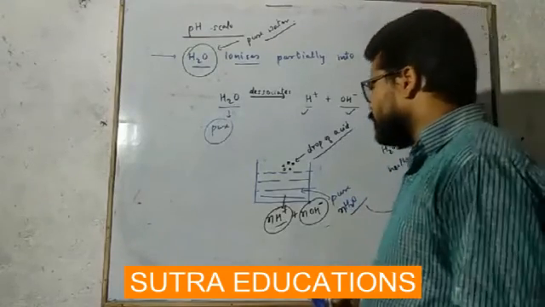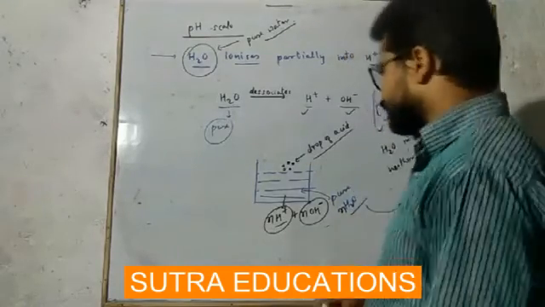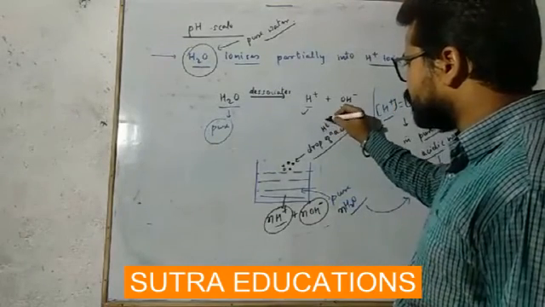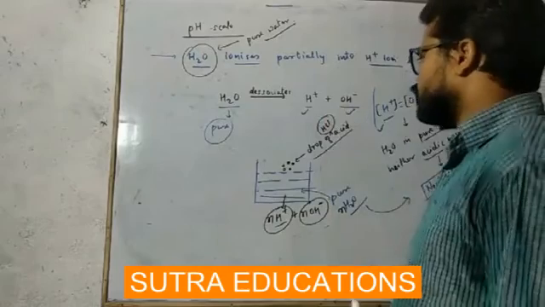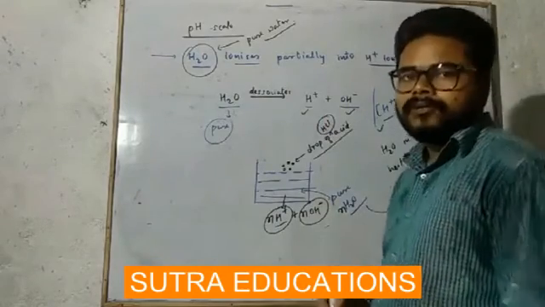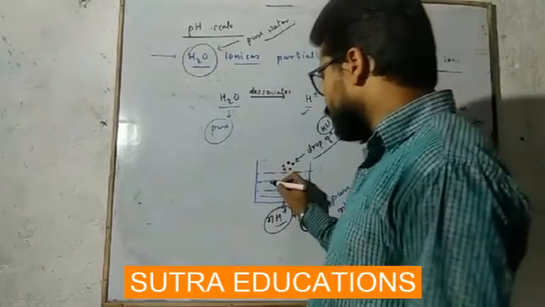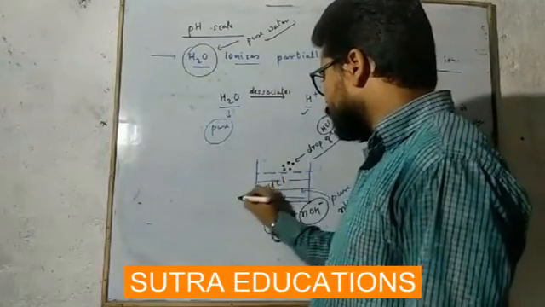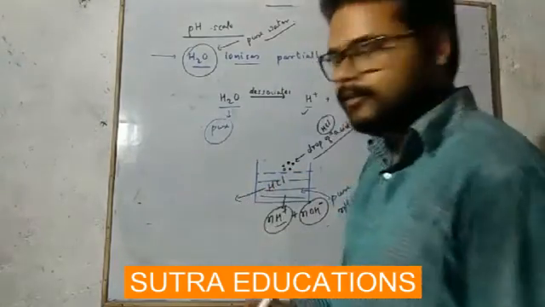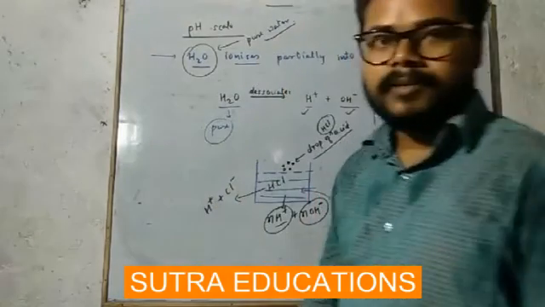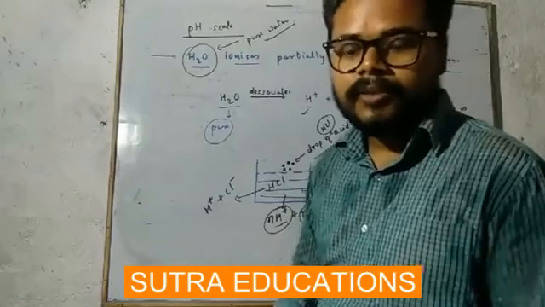But now suppose we dissolved a drop of acid, say HCl, into it. When acid is dissolved in water, HCl dissociates into H plus and Cl minus, which means it will give H plus ion.